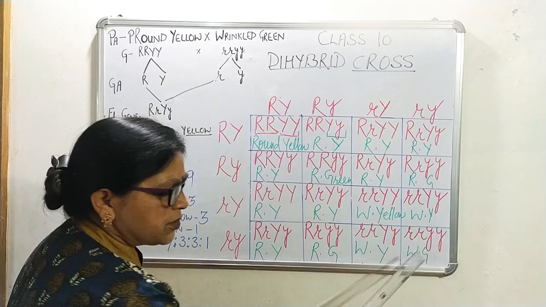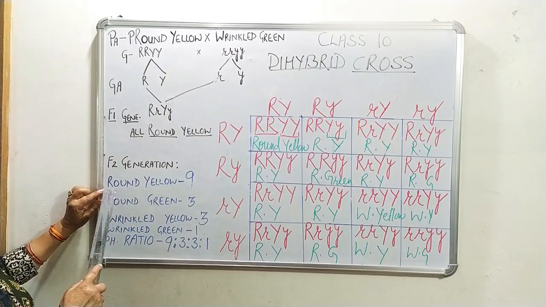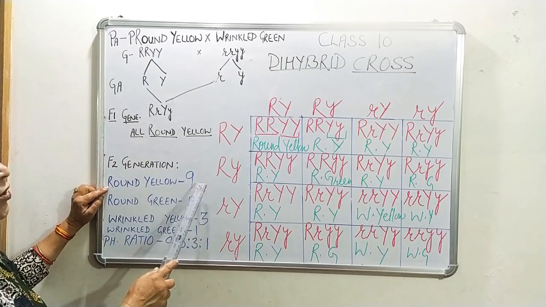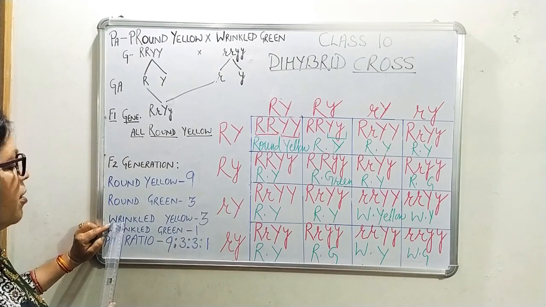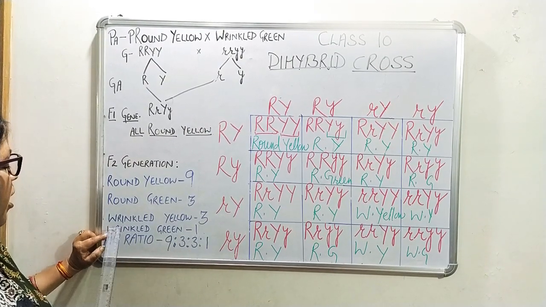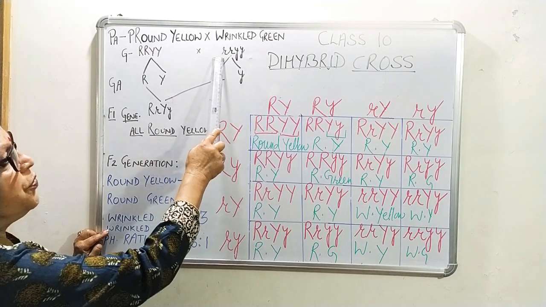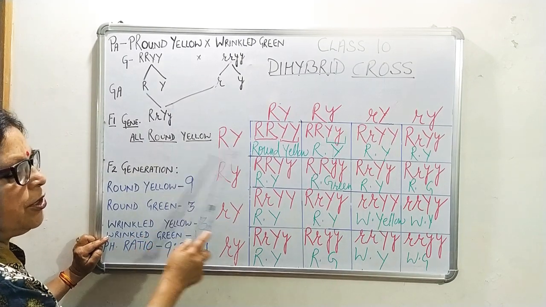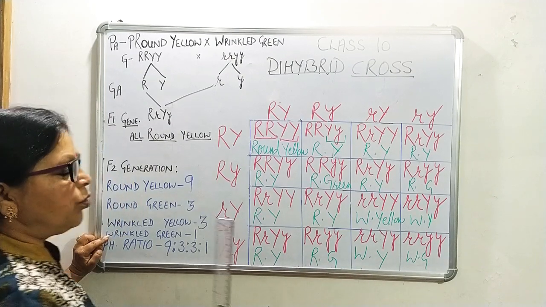So out of all these 16 squares, if the result in F2 generation was seen, it was found that round yellow seeds were 9, round green were 3, wrinkled yellow were 3, and wrinkled green was only 1. That means this recessive trait, which was hidden in first generation, reappeared in F2 generation, but only 1.